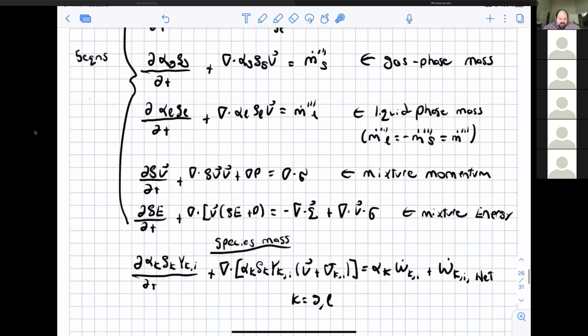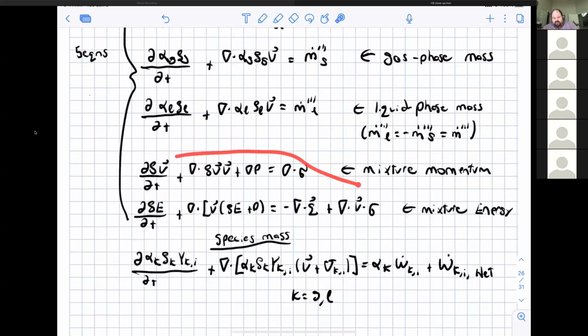Okay, and then we got the usual conservation of momentum and energy equations, and I dropped the subscript M. It's just understood that in this sort of multi-phase flow context, if you see a quantity that does not have a subscript, it is a mixture quantity.